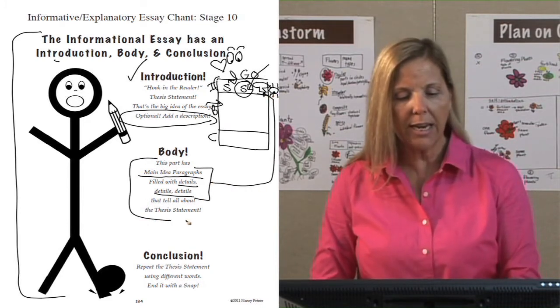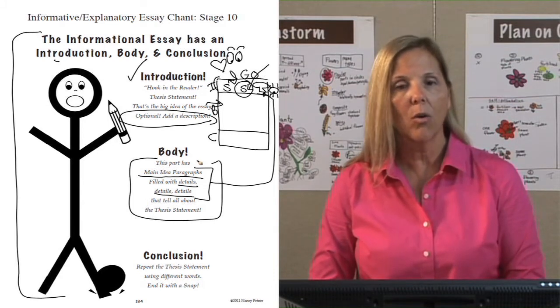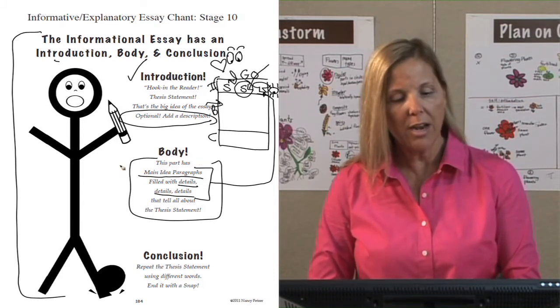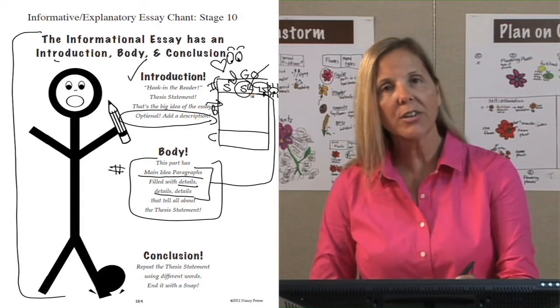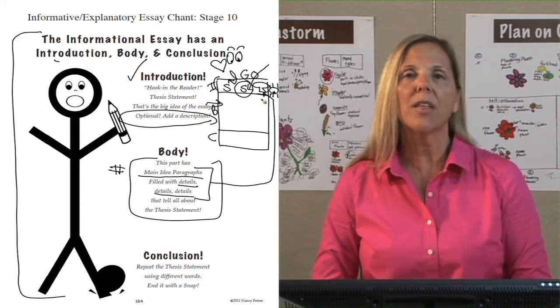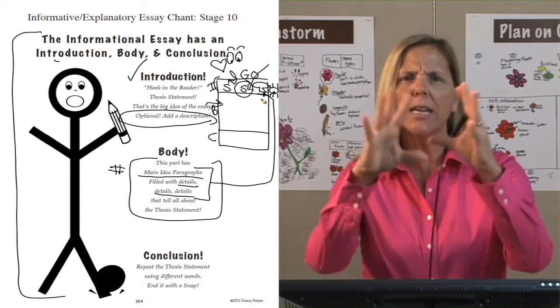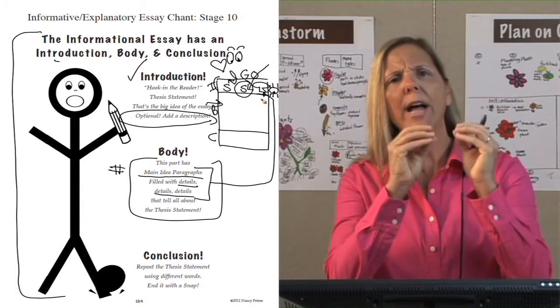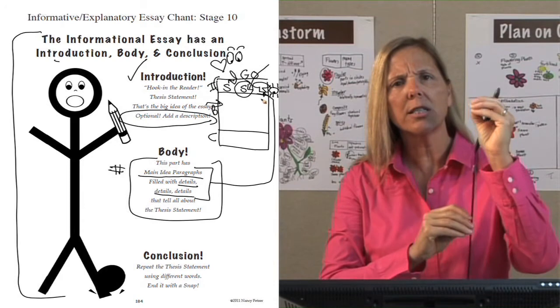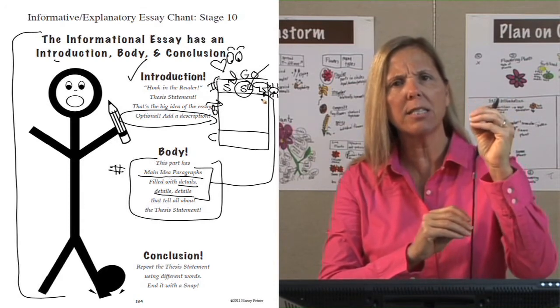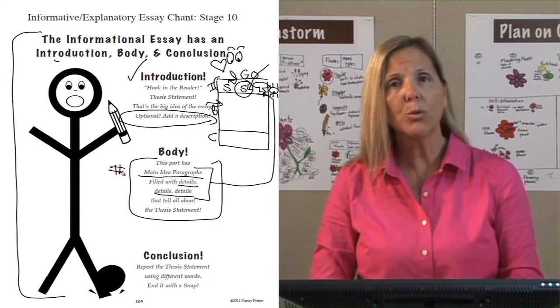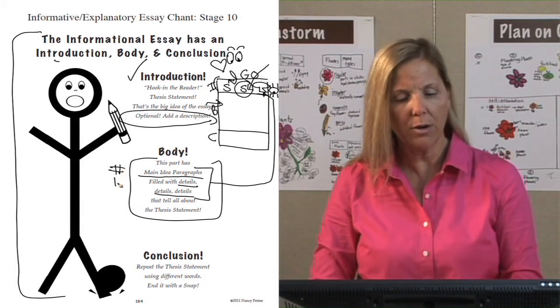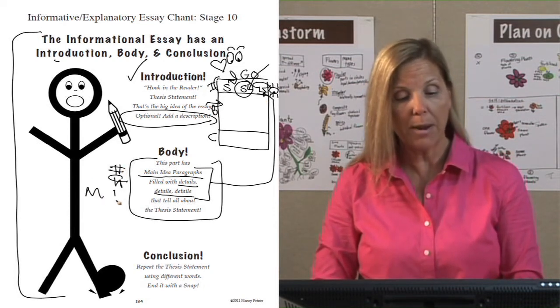Here's the big thing that we need to understand now. We need to figure out the number of main idea paragraphs. So when we say our thesis statement, we have to then say, all right, here's my thesis statement. What information do I need to tell about or explain about my thesis statement in the body of my paragraph? And those will be the number of paragraphs because those will be main ideas.